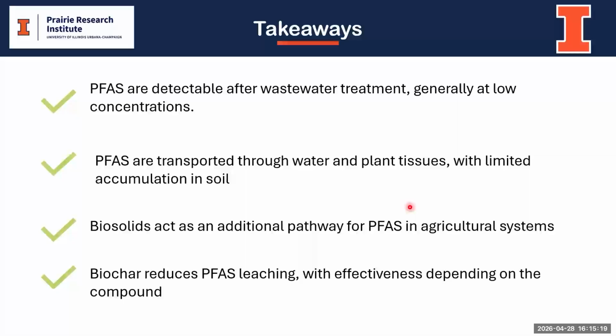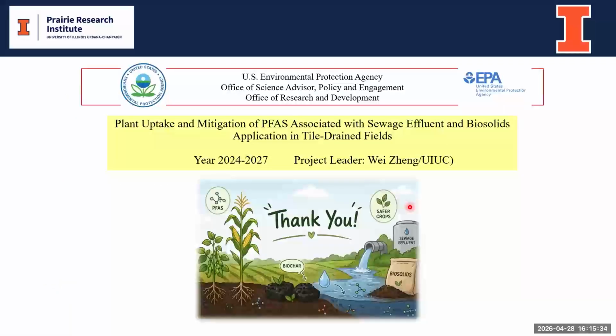So the biosolid is something that we need to attack. We saw before, with that concentration, crazy concentrations. And we are still working on trying to reduce the leaching of PFAS with this designer biochar. Thank you so much. This was funded by an EPA project.